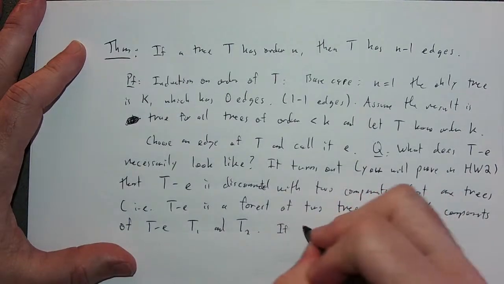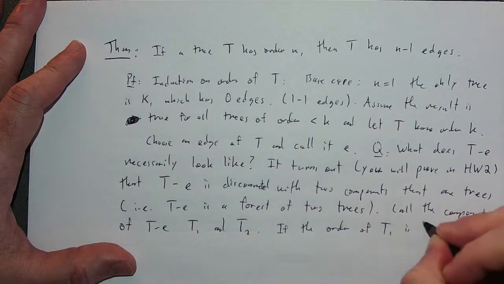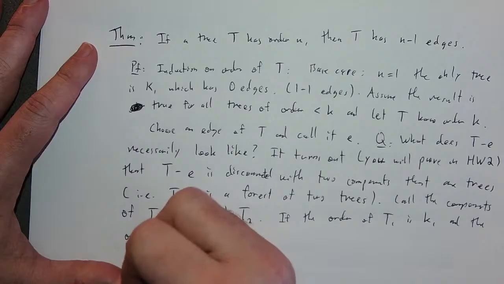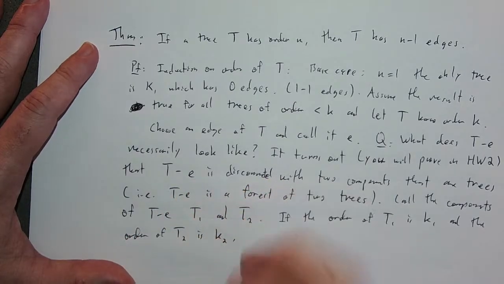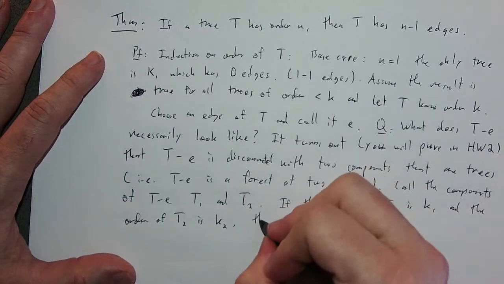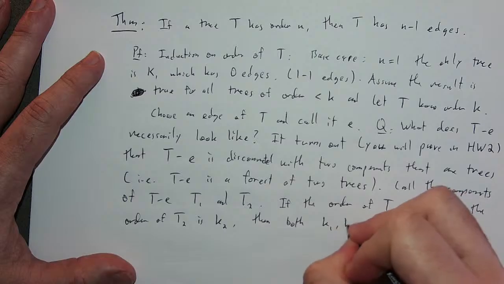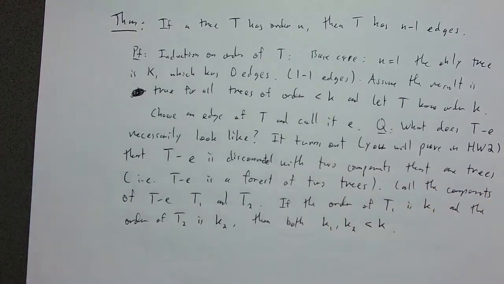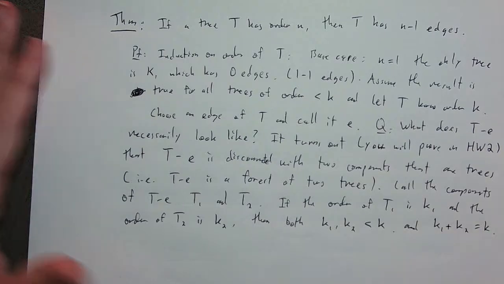If the order of T1 is K sub 1 and the order of T2 is K sub 2, then both K1 and K2 are less than K, and they sum to K. Think about why that is for a second.